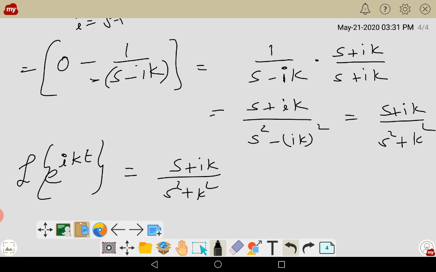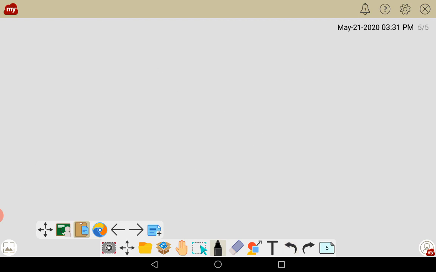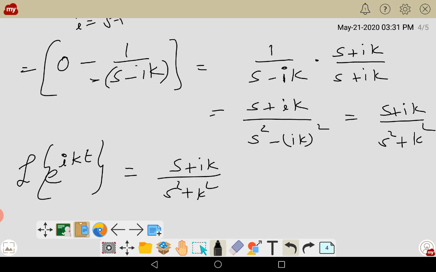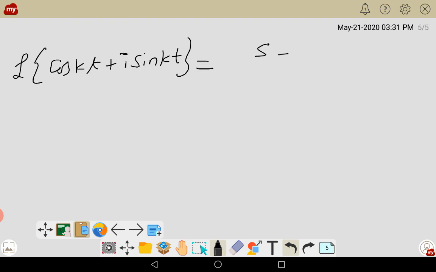Now let us write it into real and imaginary parts. The left hand side, Laplace transform of e raised to ikt, can be written as cosine kt plus i times sine kt. The right side will be s plus ik divided by s square plus k square.